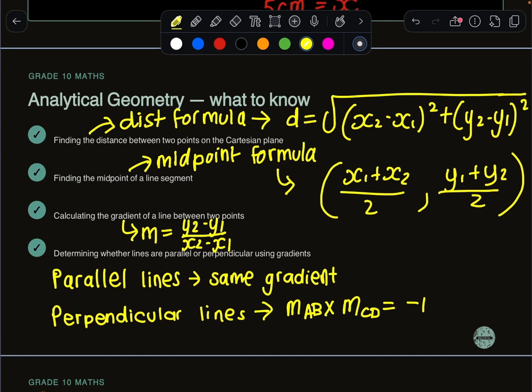Okay, so the gradient of AB times the gradient of CD gives you an answer of -1.